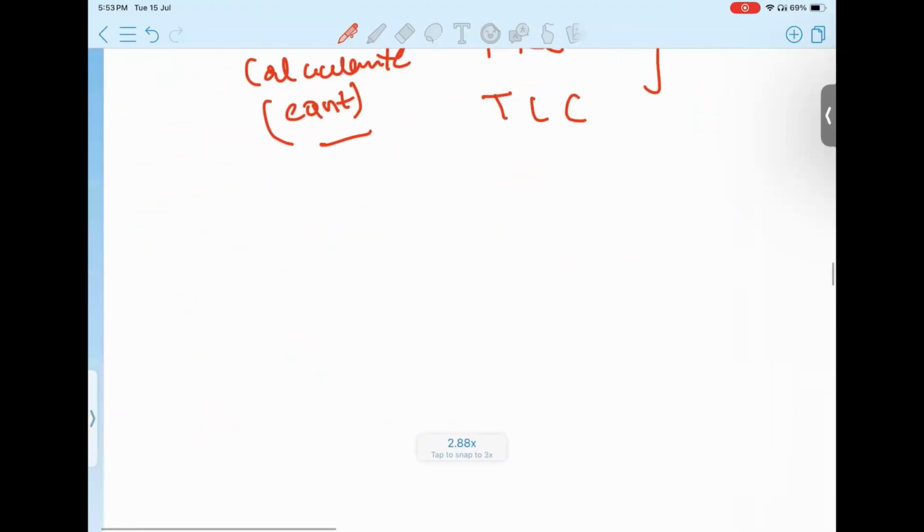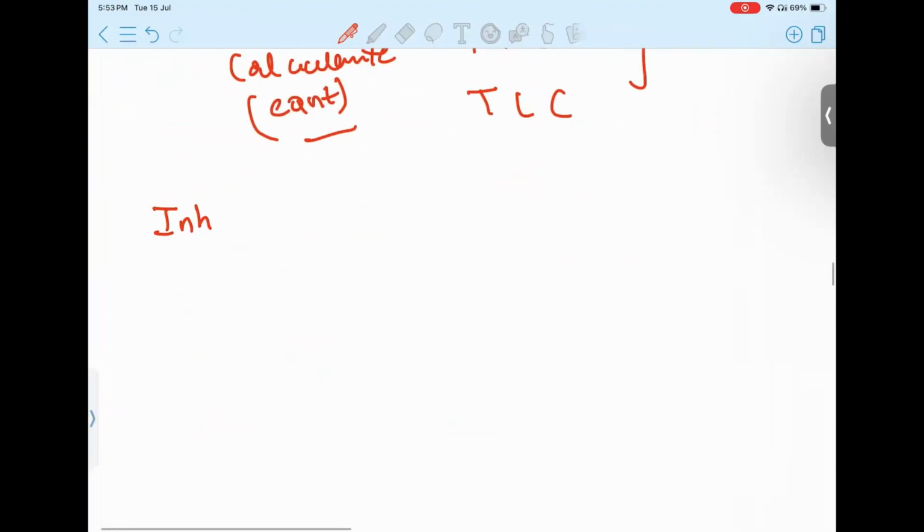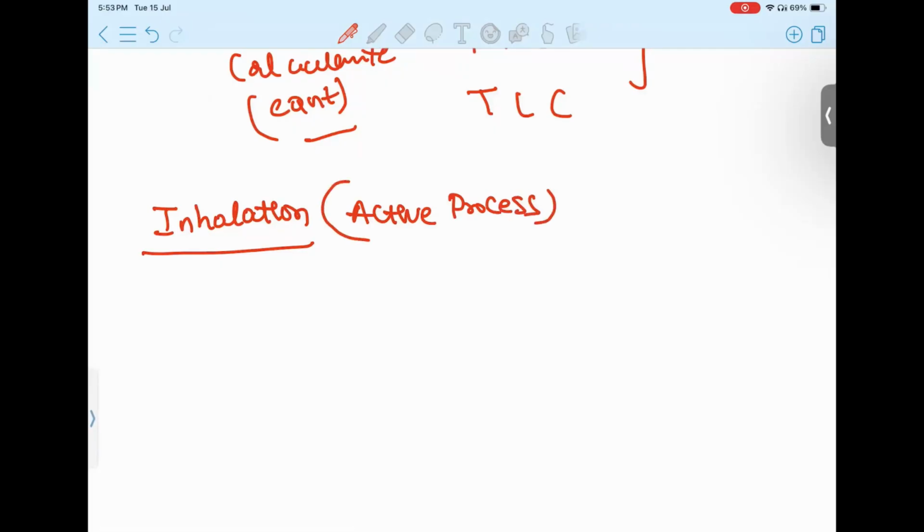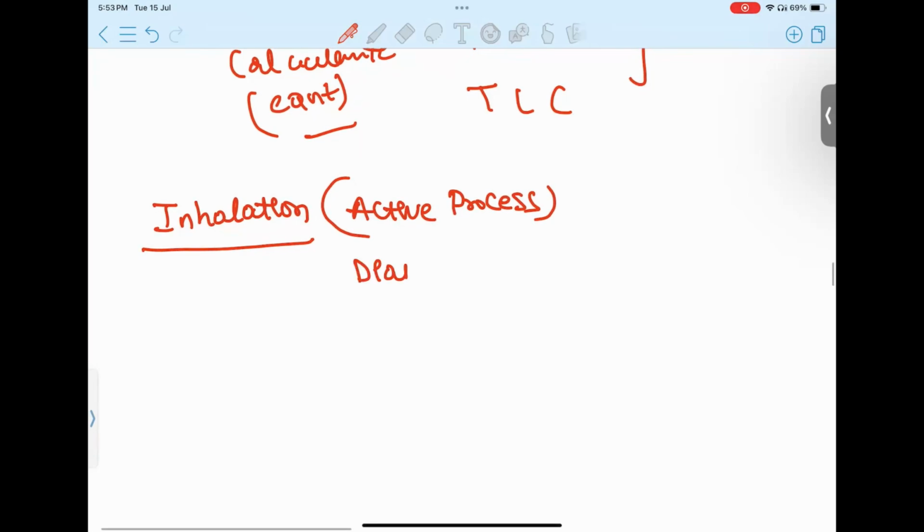Next, moving on to inhalation and exhalation, and how this mechanism works. Inhalation is basically an active process. You need more energy for this process. How is this active process maintained, guys? Your diaphragm and your external intercostal muscles. Your diaphragm is the main organ for expiration and inspiration.